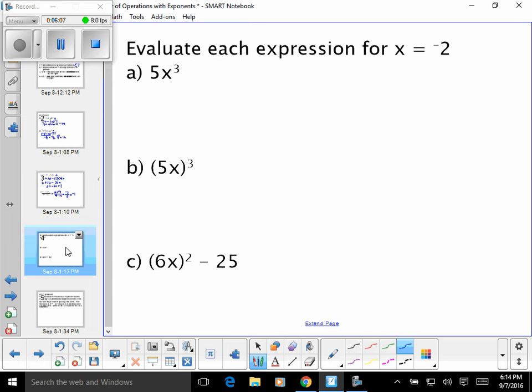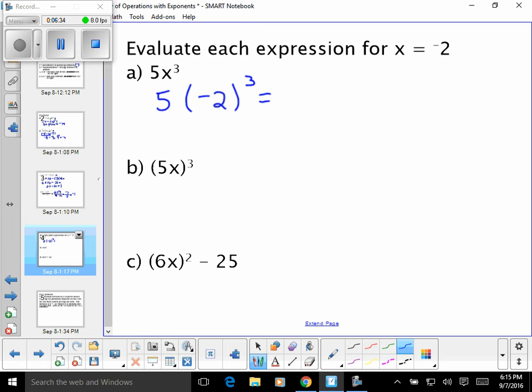To evaluate each expression, just like in the past, you're going to substitute for the variable. 5 times negative 2 to the third power. Here again, based on the lesson you had before this one, this means we need to take negative 2 times negative 2 times negative 2.